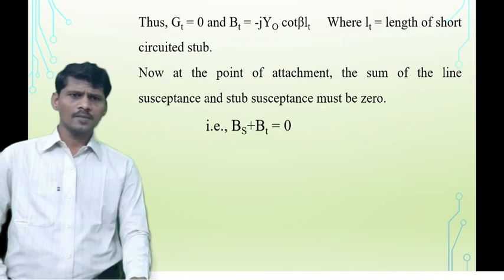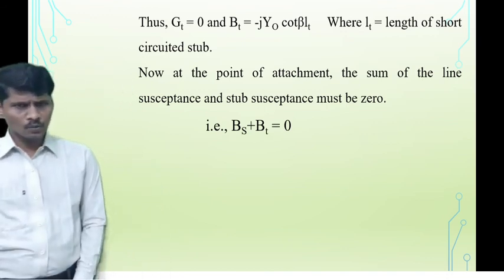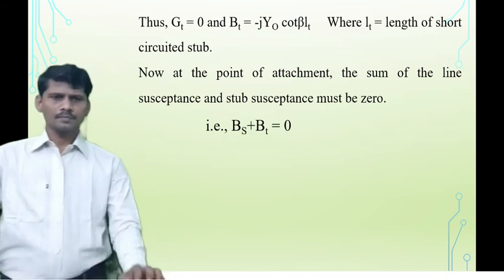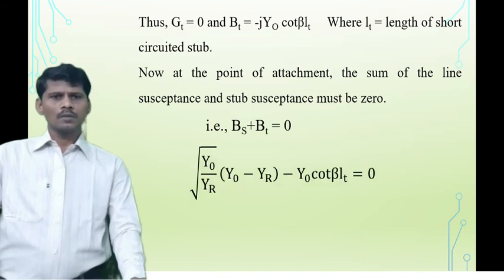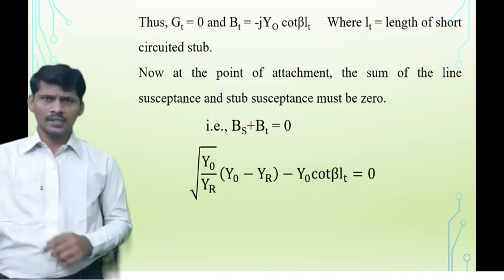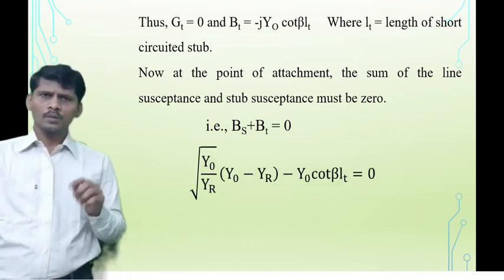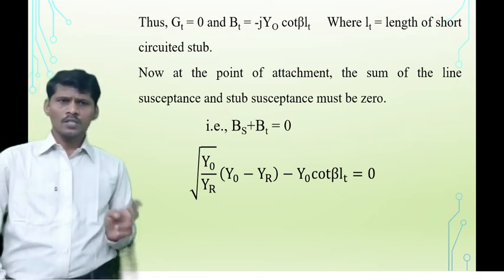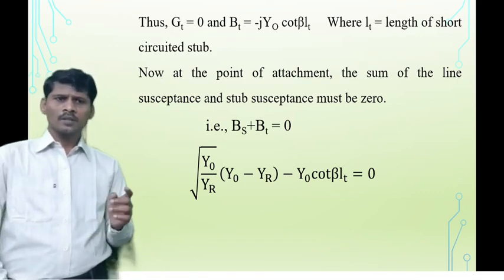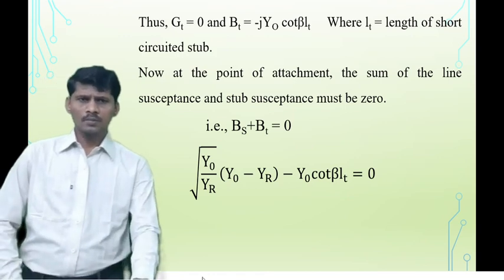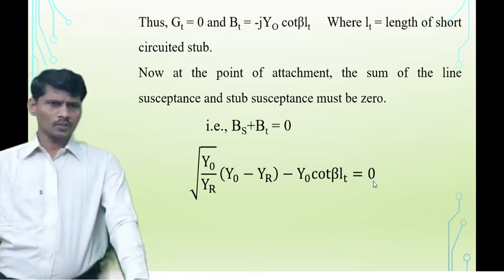So that is Bs plus Bt is equal to 0. What is the Bs value? Already calculated. That is square root of y naught by yr into y naught minus yr. And what is the Bt value? Minus y naught cot beta Lt. So plus into minus is equal to 0.